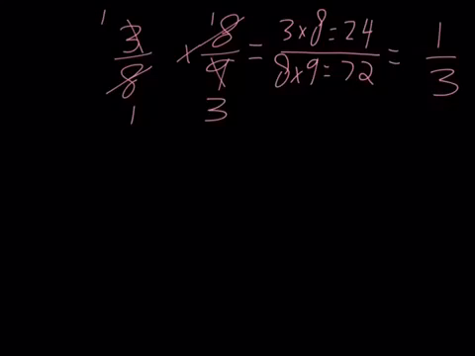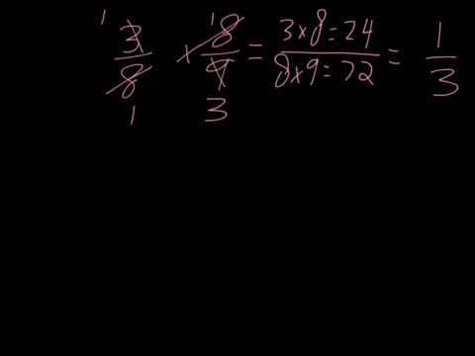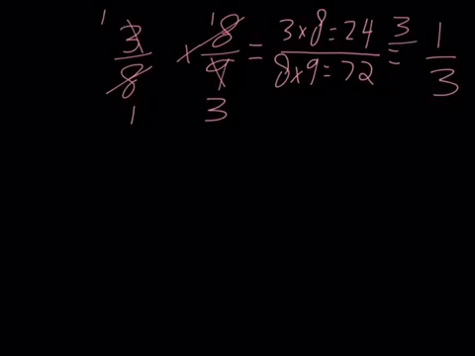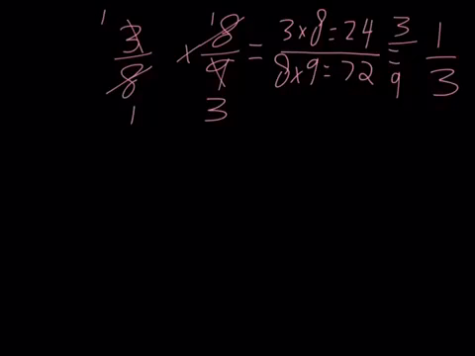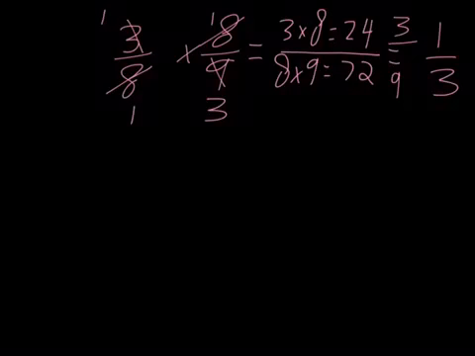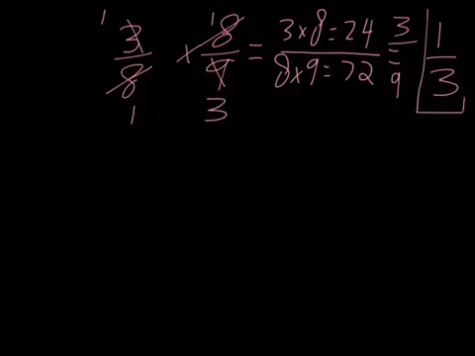You may have found that 8 goes into 24 3 times, and 8 goes into 72 9 times. An advanced skill set is to identify that 24 divides into 72 3 times, and that would get you to 1/3 a bit quicker.